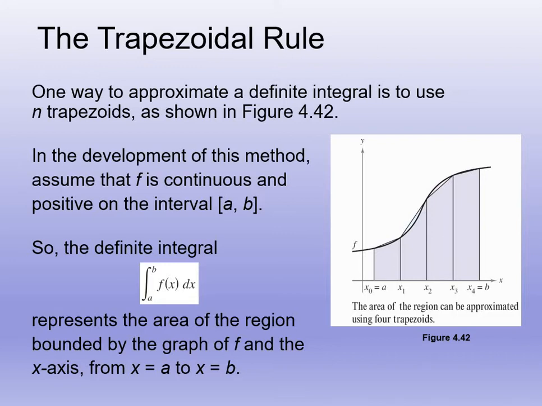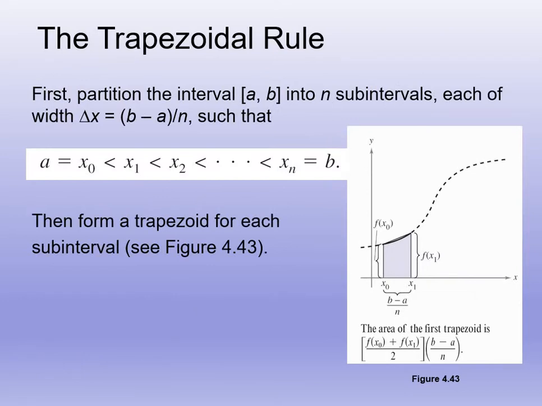All right, and just like we did with Riemann sums and things like that, based on the number of intervals or the number of trapezoids we take, the more trapezoids that we do, the more accurate our value will be, versus the fewer trapezoids that we do under the curve, the less accurate we will be. But they're both approximation methods to find the area under a curve.